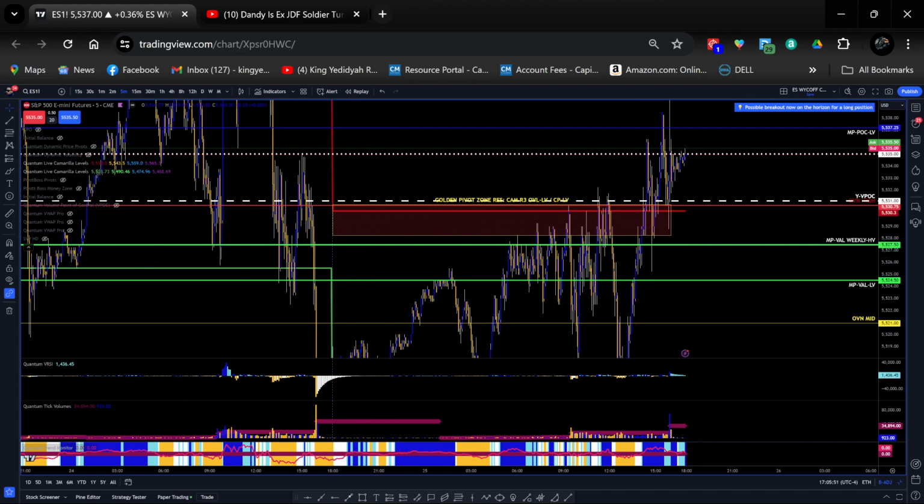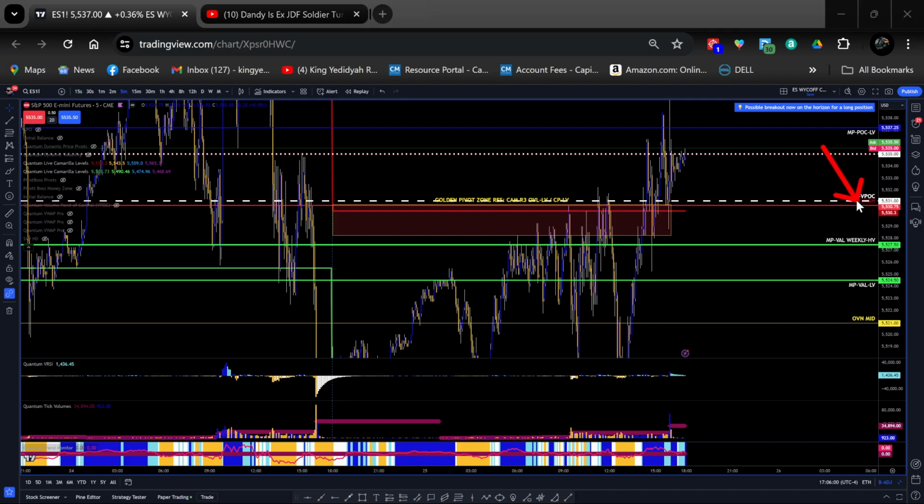Camarilla R3 today was at roughly 55.30.25, right? So average 55.30.25.